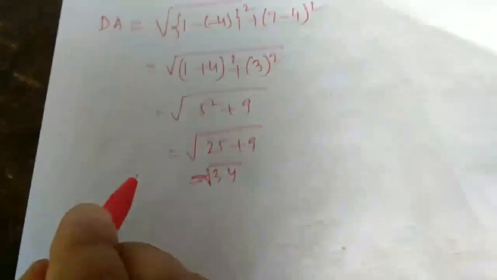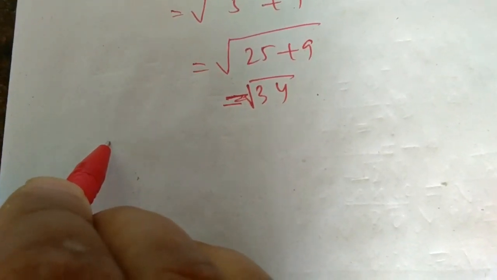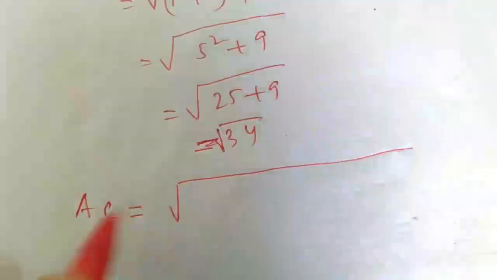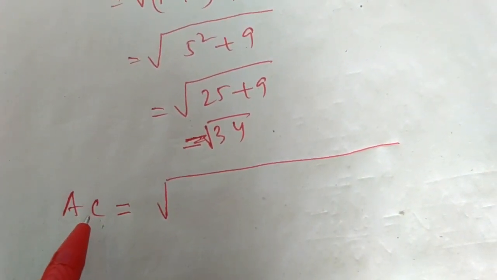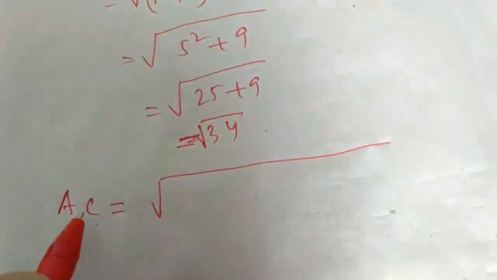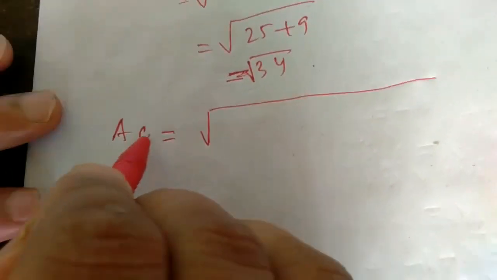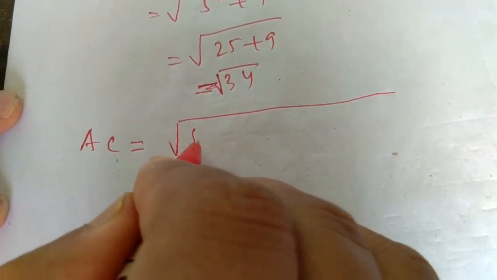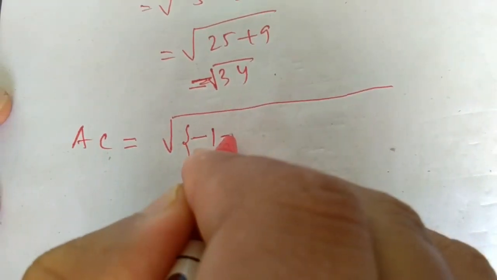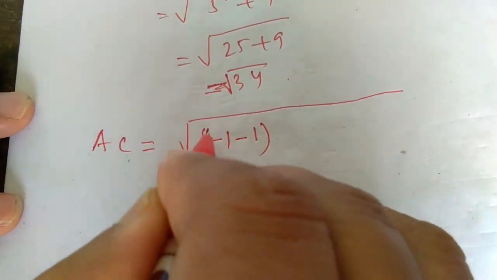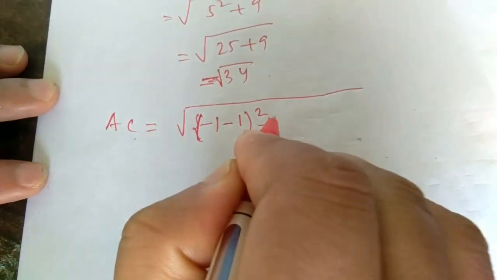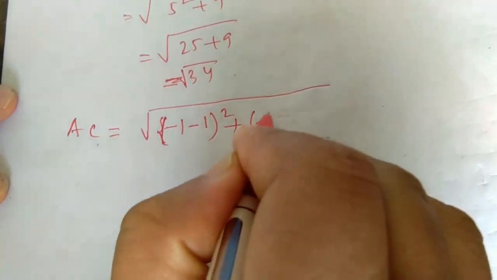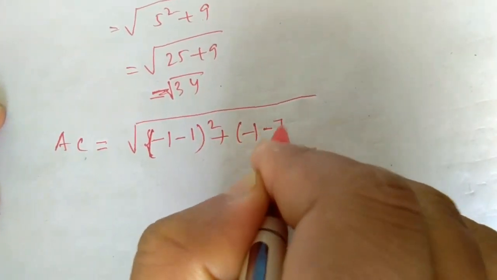Now we have to find the diagonals. AC, same as before. Distance between A and C: the coordinate of C will be x2, y2 and A will be x1, y1. Compare C and A. So x2 means minus 1, minus x1 means 1, square, plus y2 means minus 1 and y1 means 7.